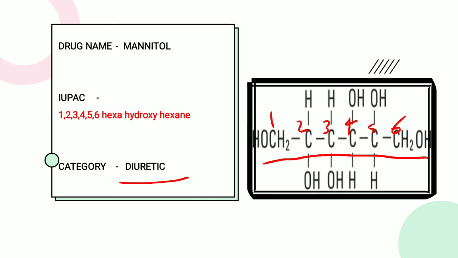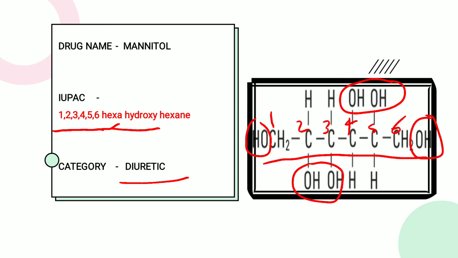On each and every carbon there is one hydroxy group. Here is the 1 hydroxy, then 2, 3 having hydroxy groups, 4, 5 again having hydroxy groups, and on carbon 6 there is one hydroxy group. So there are 6 hydroxy groups. We mention in the chemical name 1, 2, 3, 4, 5, 6, and for 6 hydroxy groups, hexahydroxy.